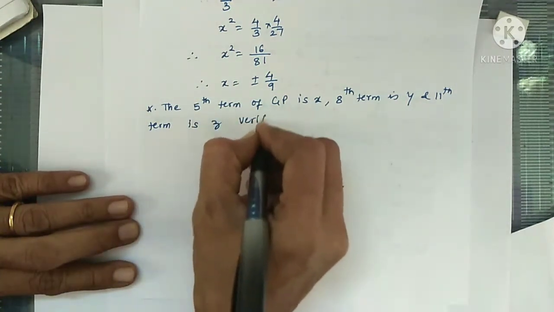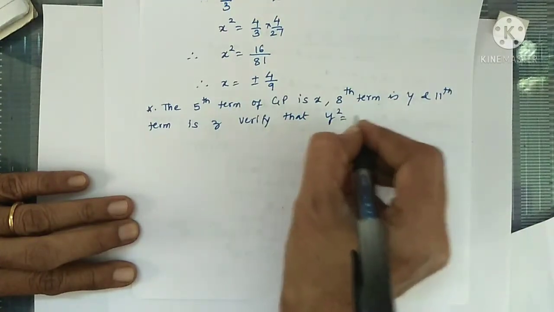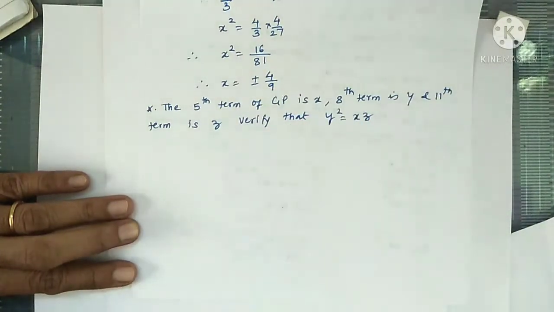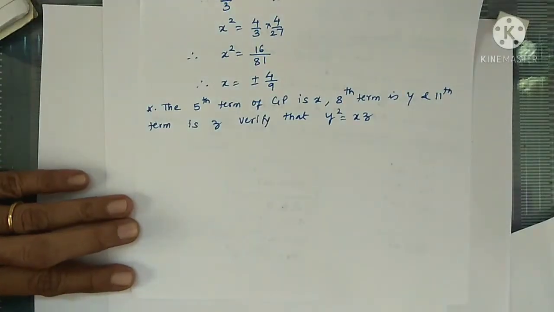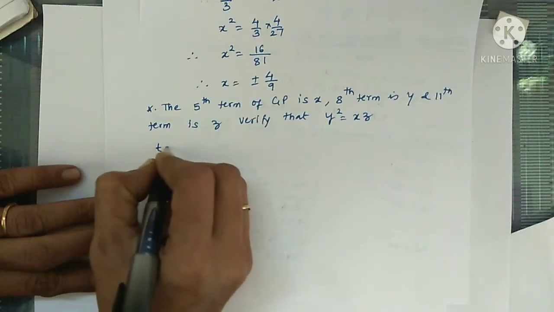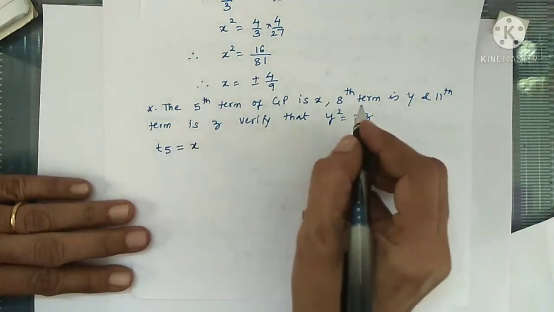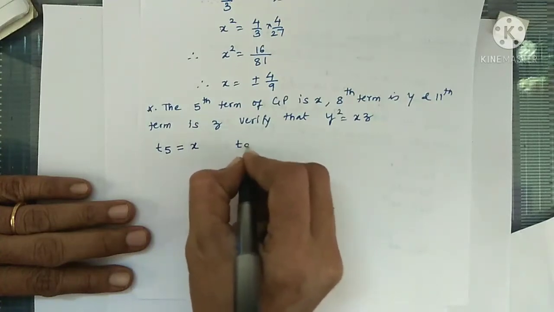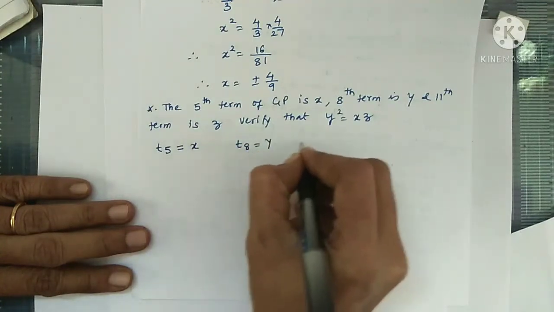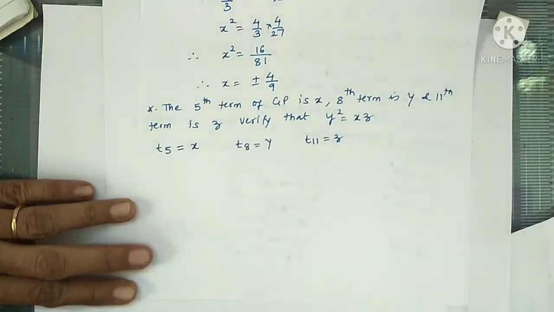Verify that y square equals xz. So first of all, let's write what is given. The fifth term is given, so T5 is x. Then the eighth term is given, the eighth term is y. And the 11th term is z. So T11 is given as z.